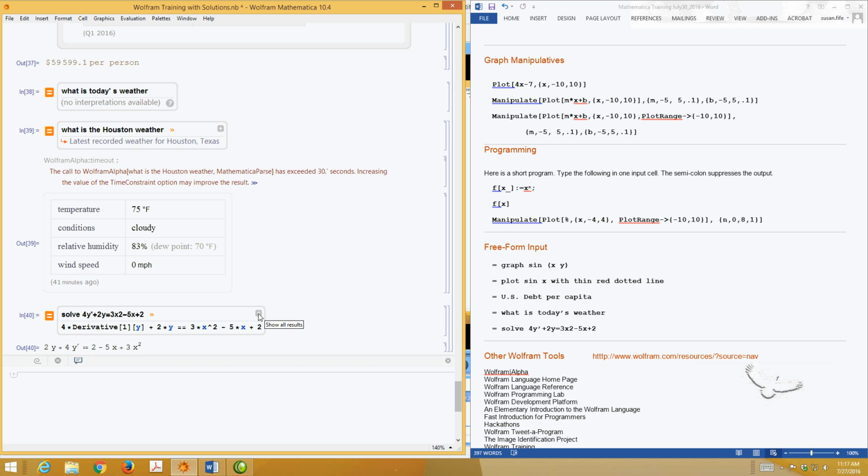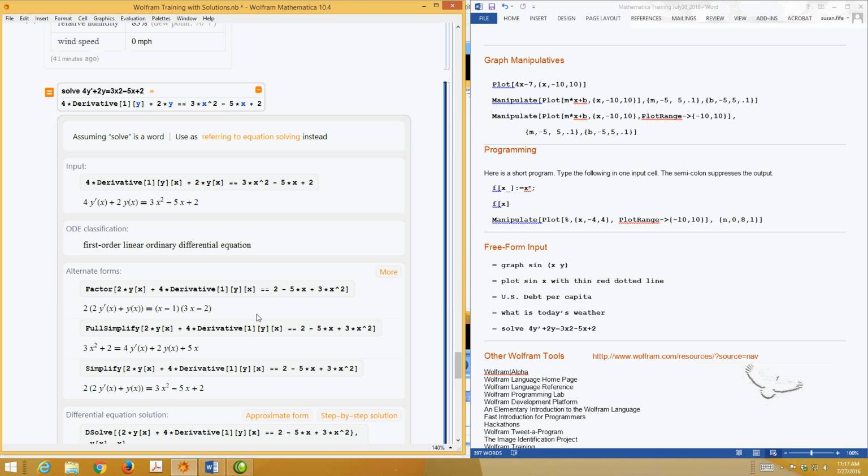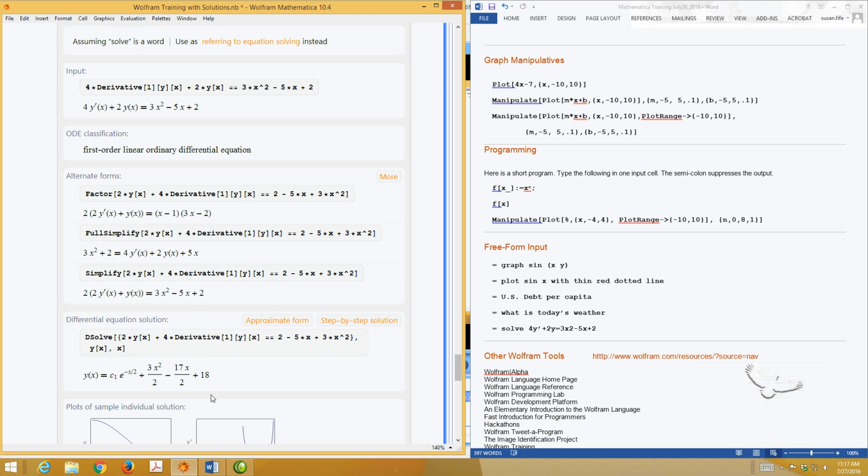Not sure why it didn't solve it. Four y prime plus 2y equals 3x squared minus 5x plus 2. Alternative, here's the solution. And you can get an approximate form or a step-by-step solution.